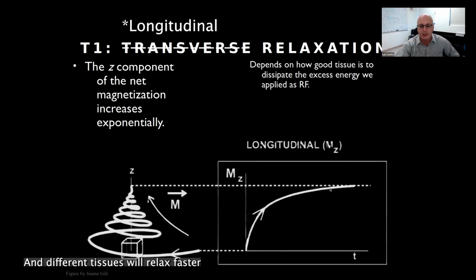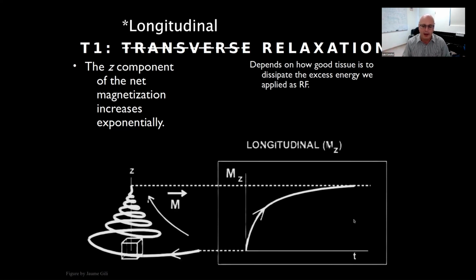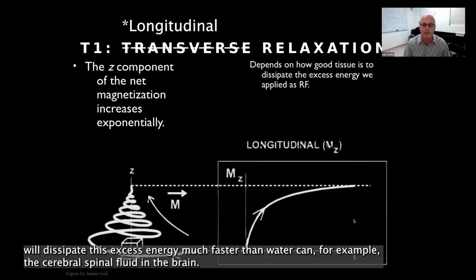And different tissues will relax faster and some tissues will relax slower. And that all depends on the ability of the tissue to dissipate the excess of energy that we deposited in the form of RF, radio frequency. And as you can imagine, fatty tissues like white matter, like fat, will dissipate this excess energy much faster than water can.